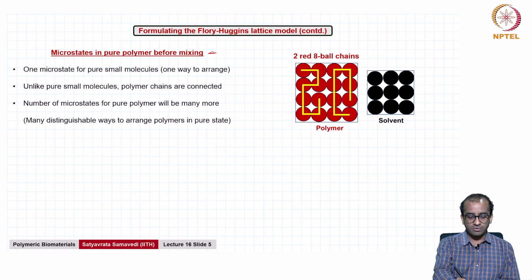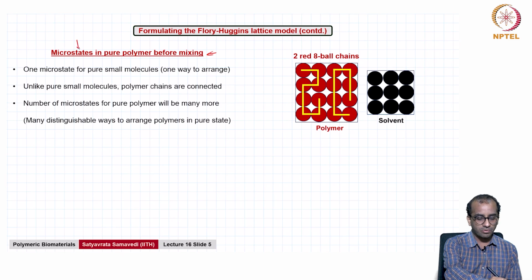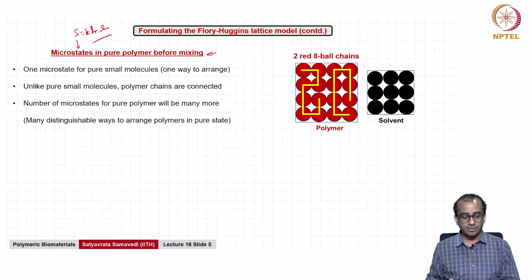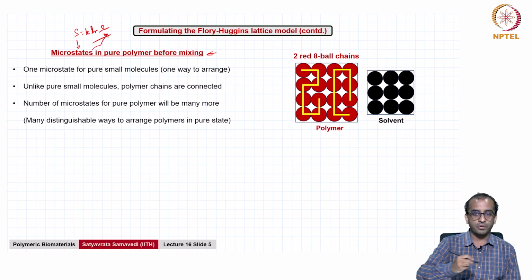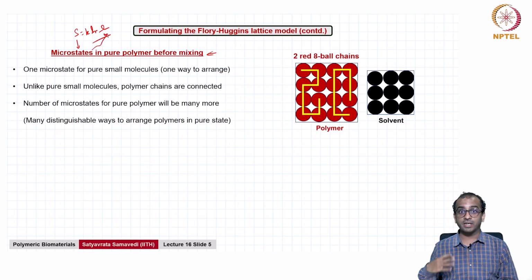So, if you think of microstates, and you hear the word microstates now, you should be able to relate it to the Boltzmann equation for entropy, where this has to do with the number of distinguishable unique arrangements that exist for a given macro state of the system.